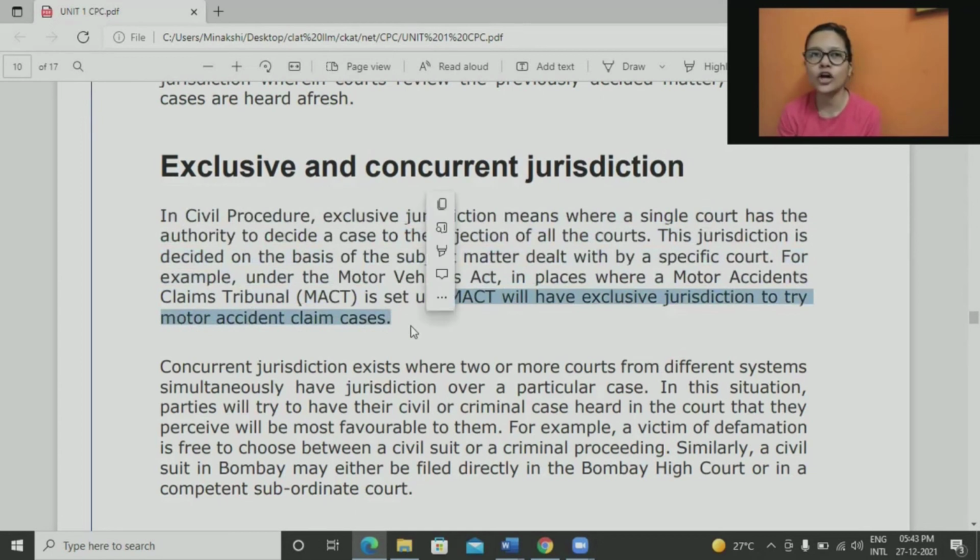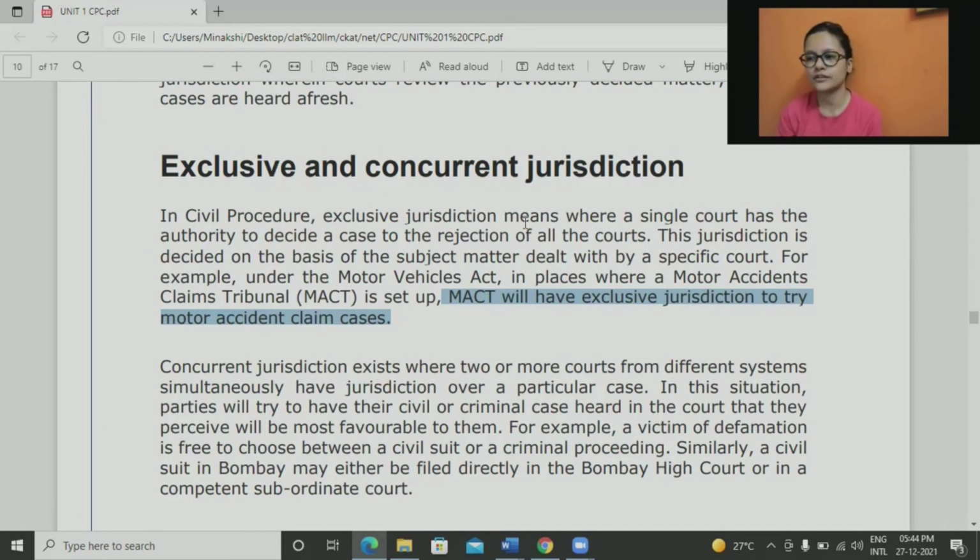Parties cannot go to regular civil courts to file the matter, because civil courts are already burdened with a lot of other things. Plus, MACT is a specialized body dealing only with motor accident matters, so we should approach that because it has exclusive jurisdiction. That is exclusive jurisdiction.